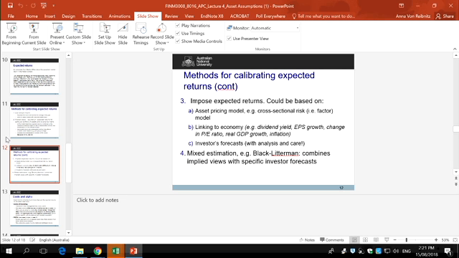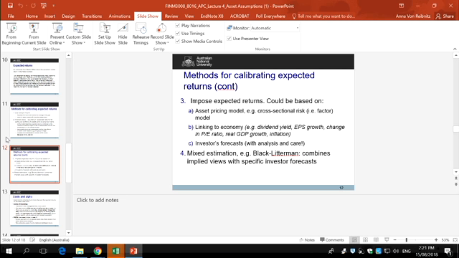So the nice thing about this is you have a model underlying most of the asset class expected returns. You don't need to be an expert in everything, but if you do have unique knowledge in a particular asset class and you think that implied views doesn't give a high enough expected return, for example, you can then adjust it.